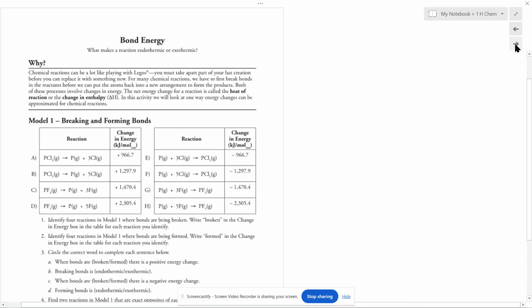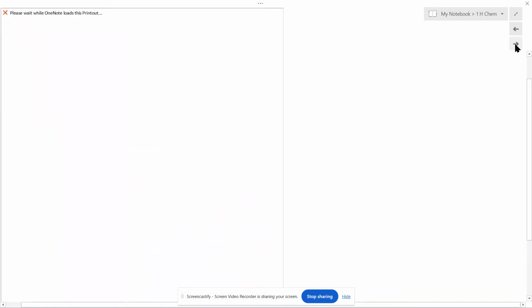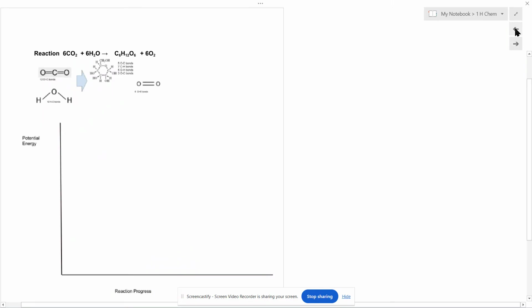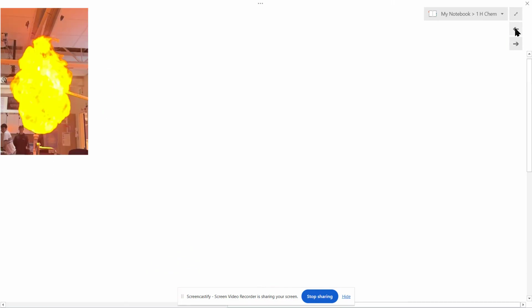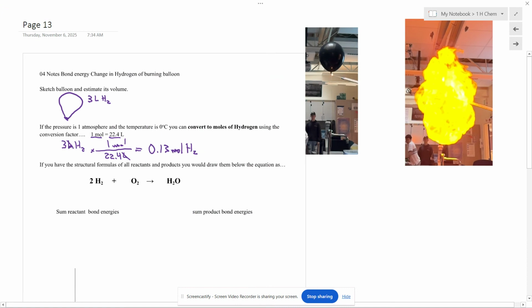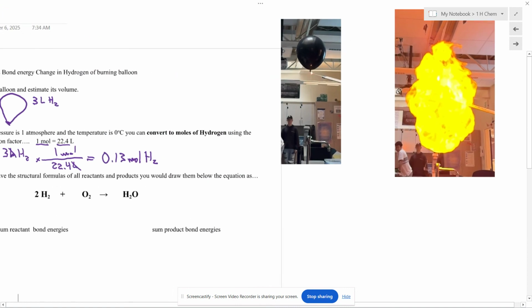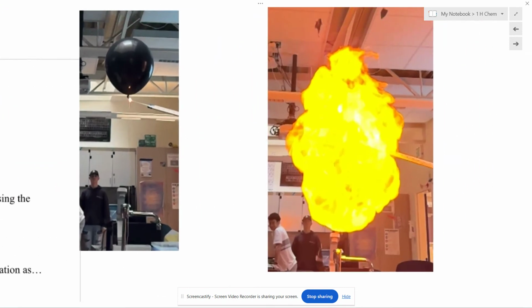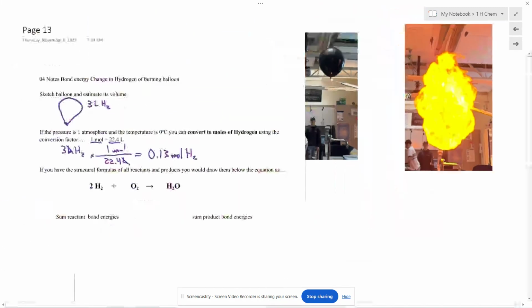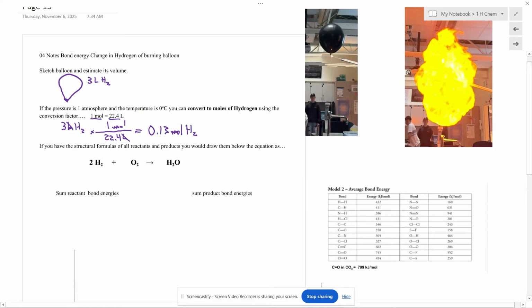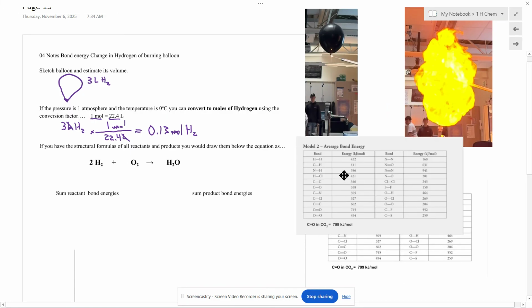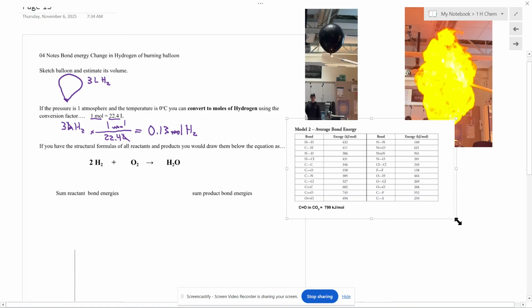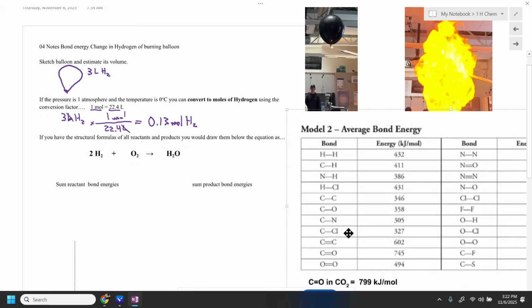Let's go put it back here on this page where we're working on this. So how much energy will this make? I mean, we can see that it releases energy, but how much will it make? So let's see if we can paste that bond energy table in here. And when we need to refer to it, it will be there.